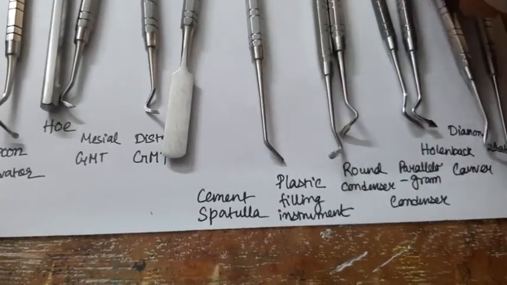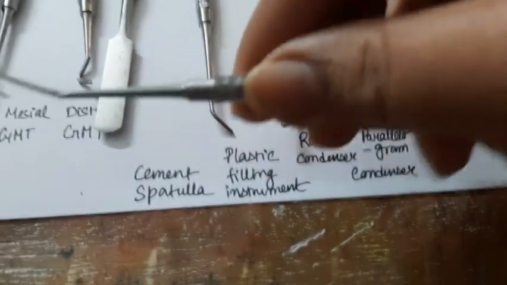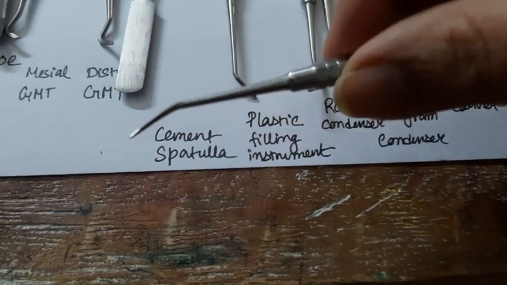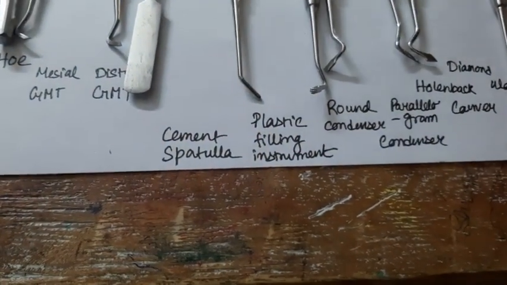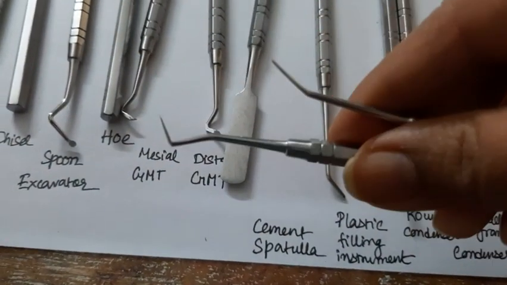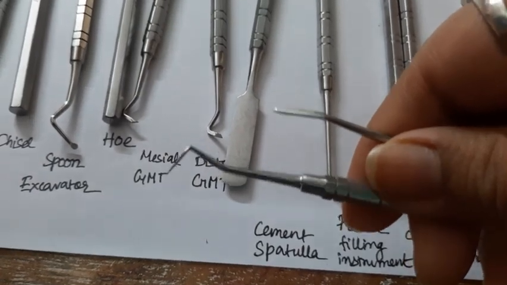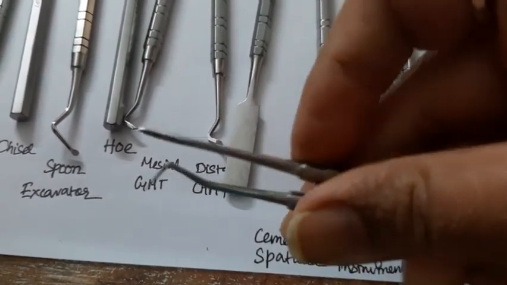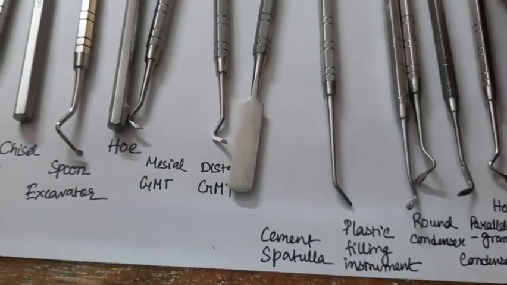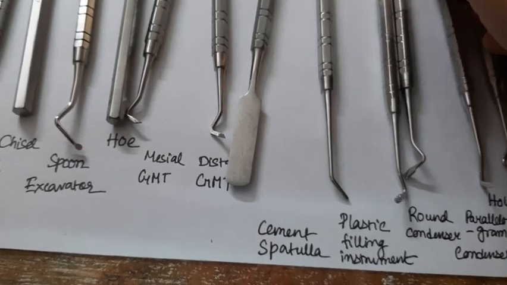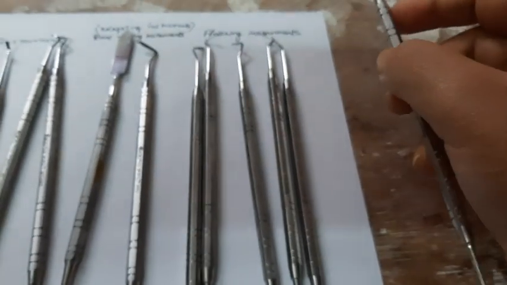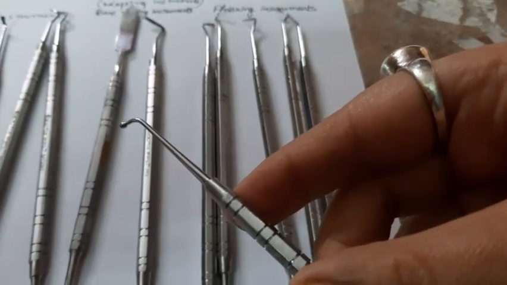And we have the Wards carver. The difference between a hollenback carver and a Wards carver is the angle. As you can see, the hollenback carver's angle is less than the Wards carver's angle. The diamond carver you can easily differentiate from them by its diamond shape. And the last one under the finishing and polishing instruments is this ball burnisher.